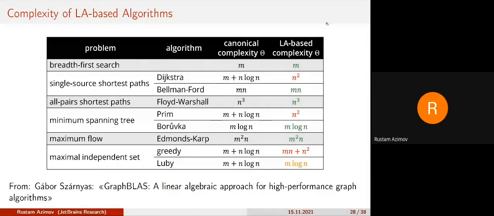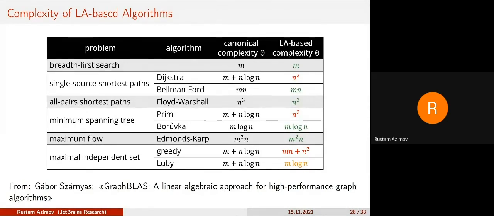Many algorithms for different problems can be reformulated in terms of algebraic structures like semirings, but there are also interesting theoretical properties.